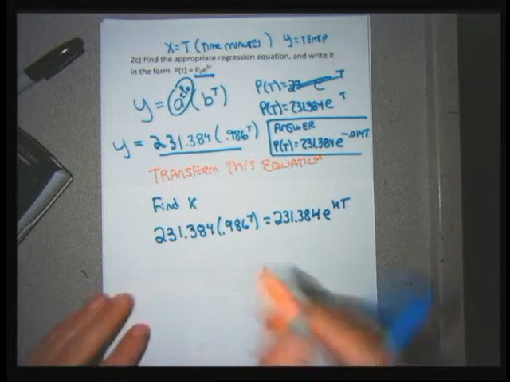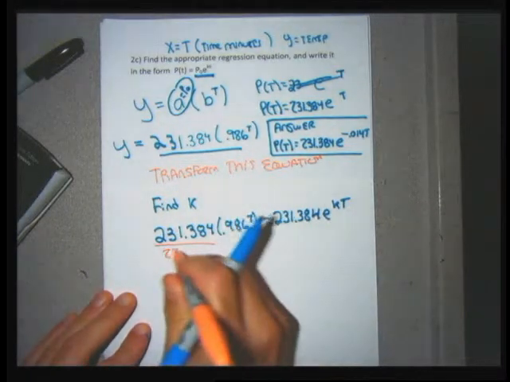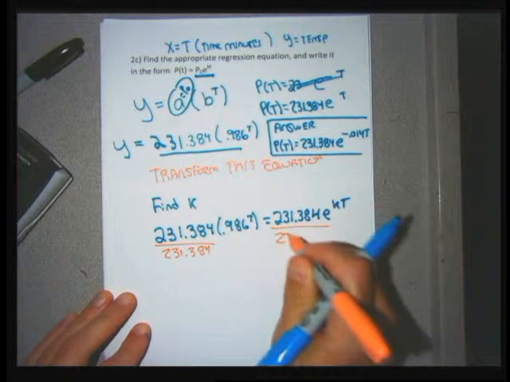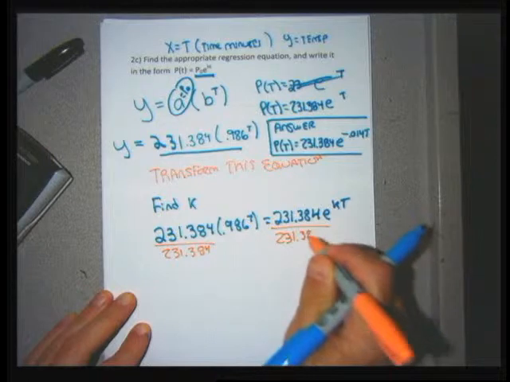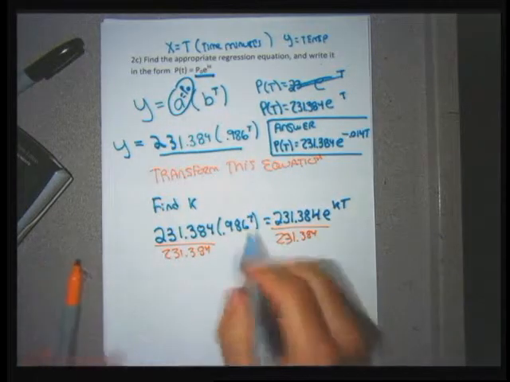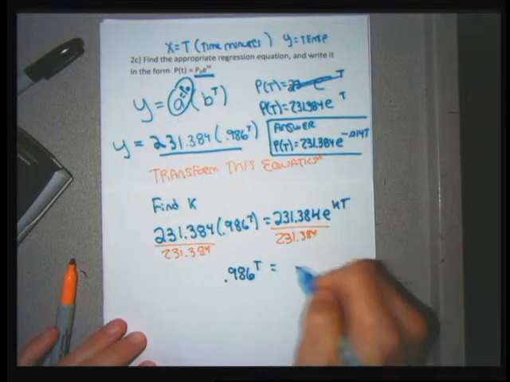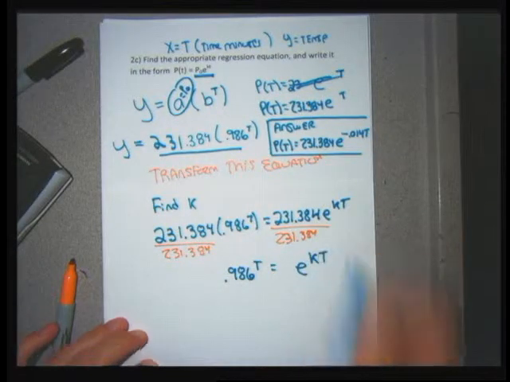I'm going to divide both sides by 231.384. When I do that, I get 0.986 to the t equals e to the kt.